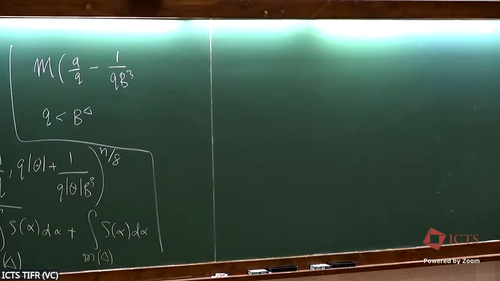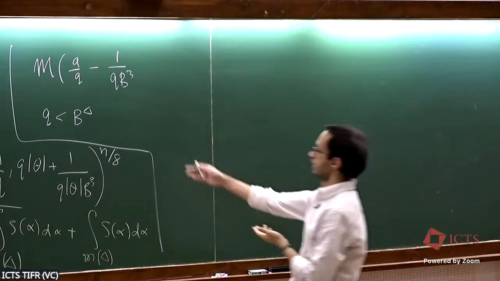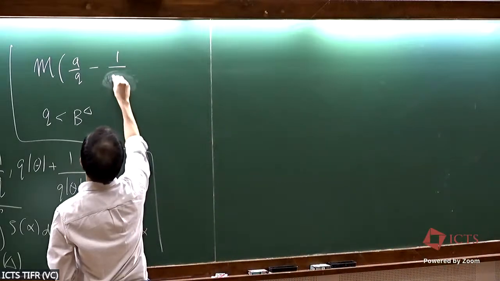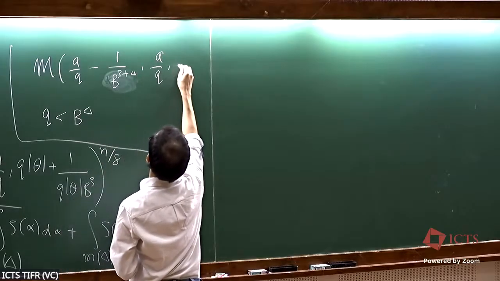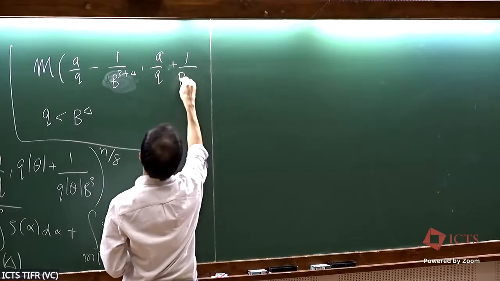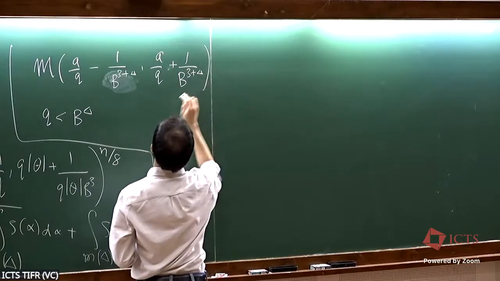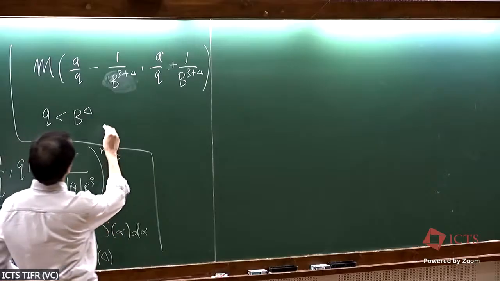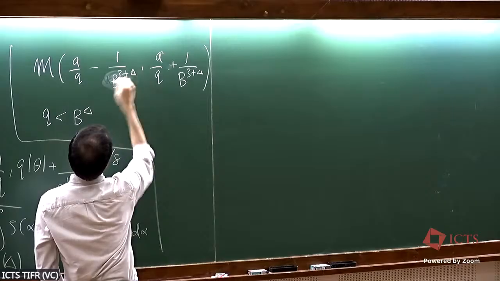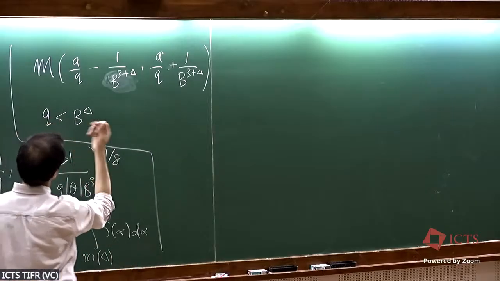Because we had also chosen the theta that way, right? So this was B to the 3 plus delta, and this was basically the choice that we had made at the end of the first lecture. So over here, this is this, and the minor arc is the rest of it.